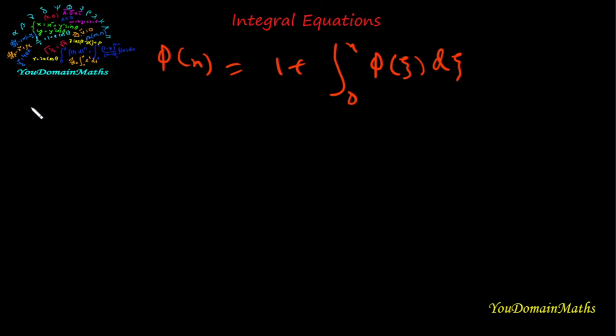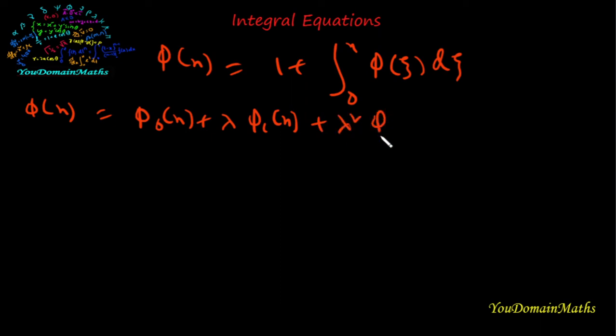If we consider the solution phi of x equals phi naught of x plus lambda phi 1 of x plus lambda square phi 2 of x, and so on, and put this in here and equate the coefficients of lambda, then we find phi naught of x equals f of x, and here f of x is 1.